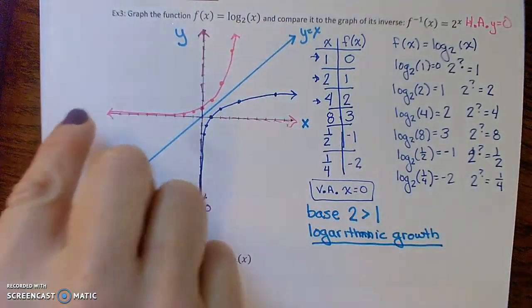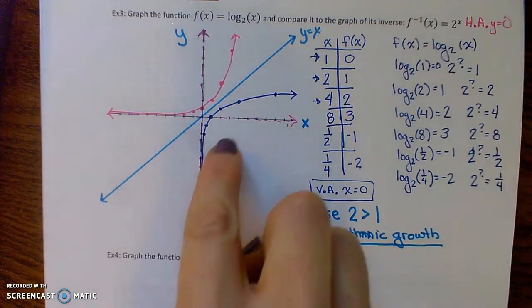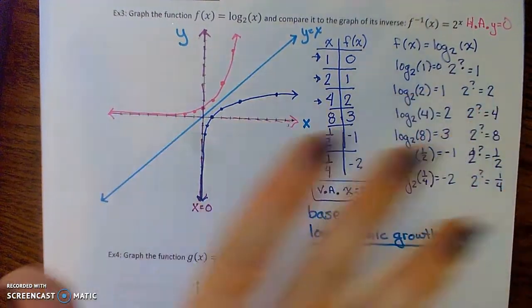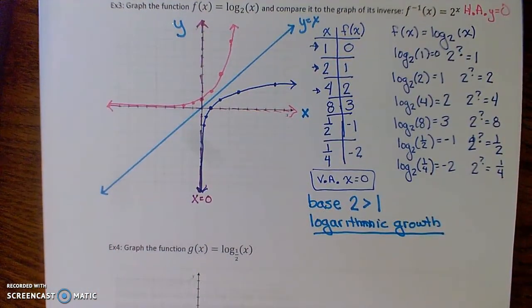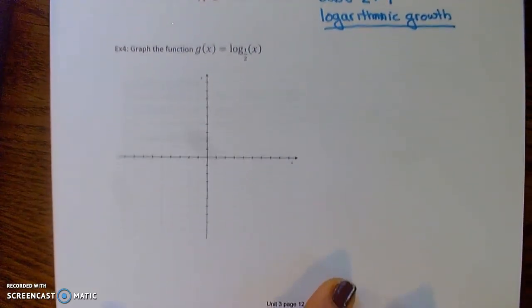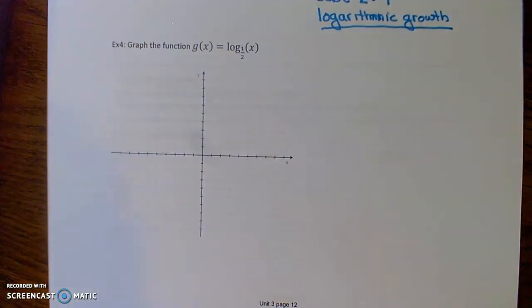Exponential growth is like, those are values that grow very, very quickly. Values that grow logarithmically actually grow really, really slowly, okay? Which also has to do with the fact that these guys are inverses of each other. All right, let's look at one more graph where the base of the function is a number less than 1.